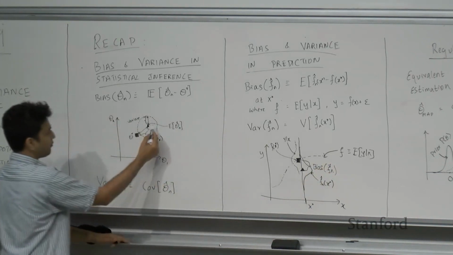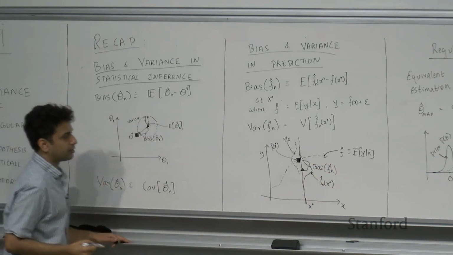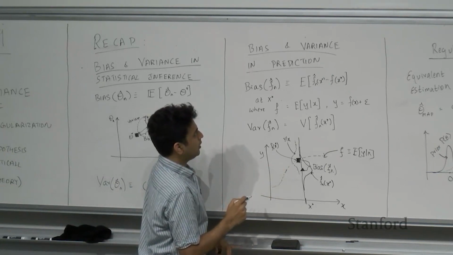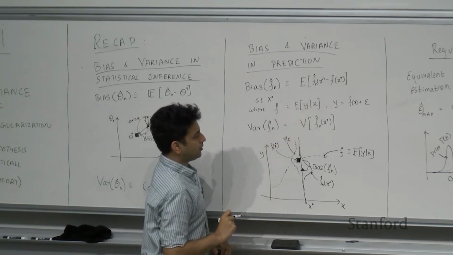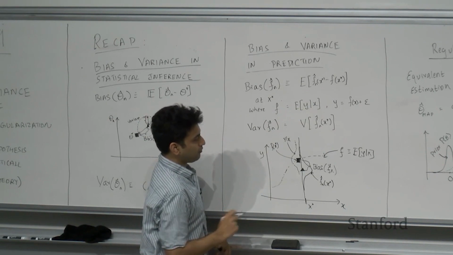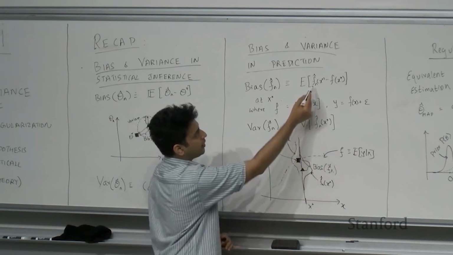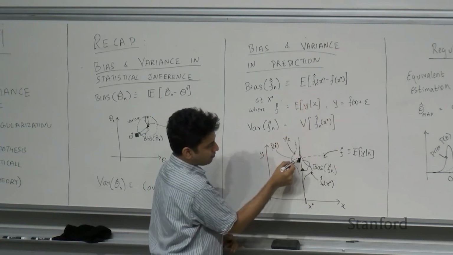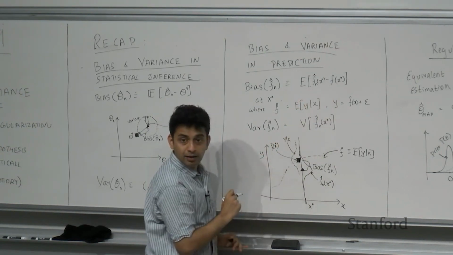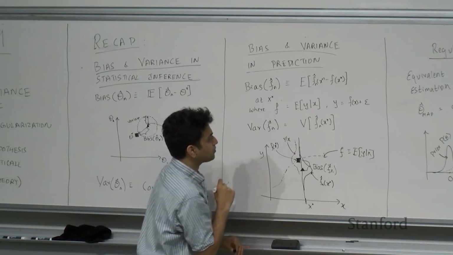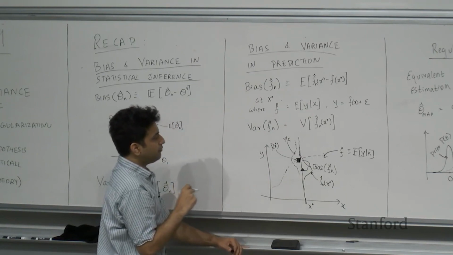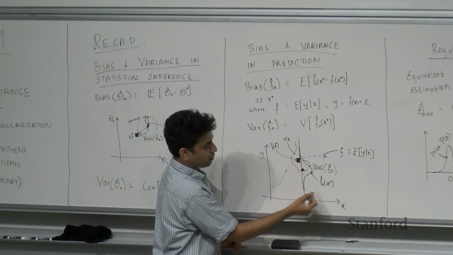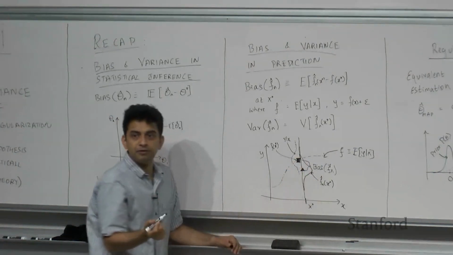Just the way this difference was the bias of the theta hat estimator, this difference between the square and the triangle is the bias of f hat n. It is the gap between f hat n at x star and f at x star. And similarly, the variance is just the variance of this distribution. The variance of f hat n is just the variance of f hat n.